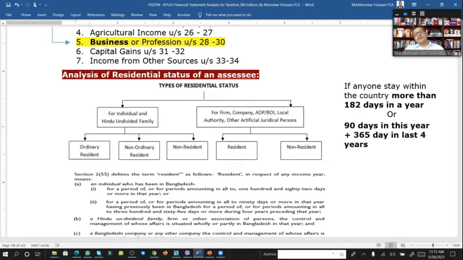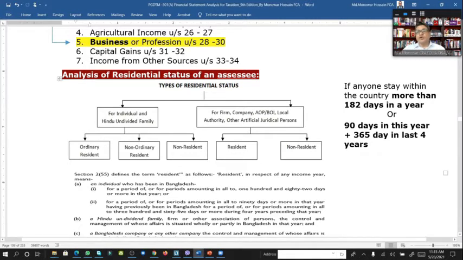For example, you are the tax advisor of a doctor who is working at Apollo, United Hospital or Square, and that doctor comes from India. So you have to calculate whether he is really resident or not for tax purposes.